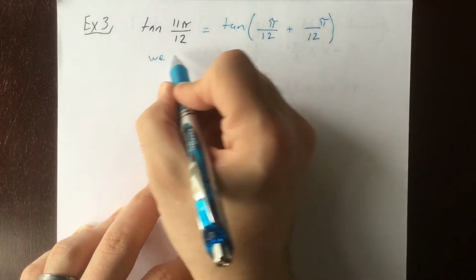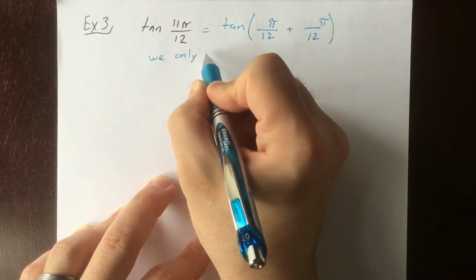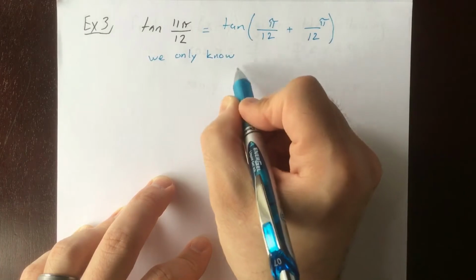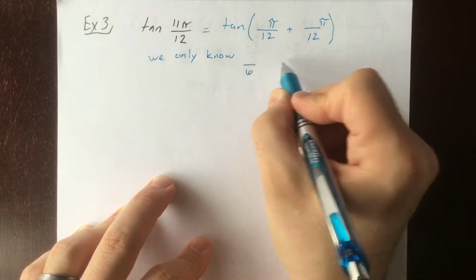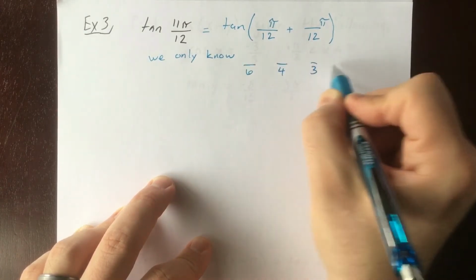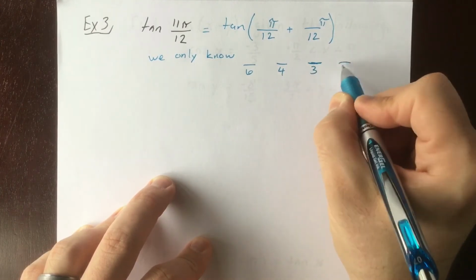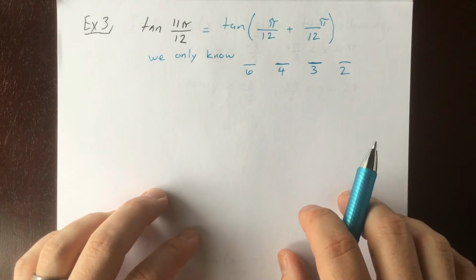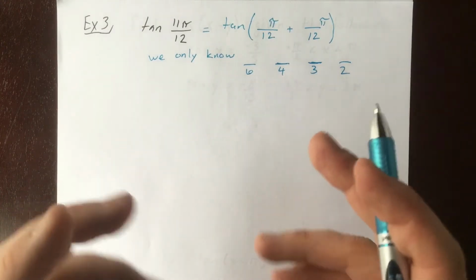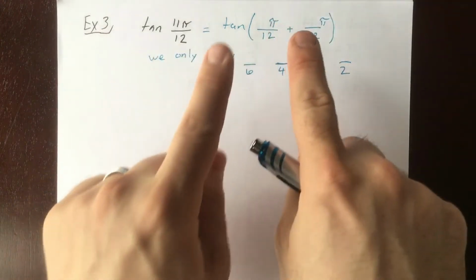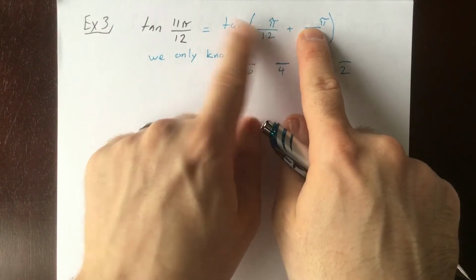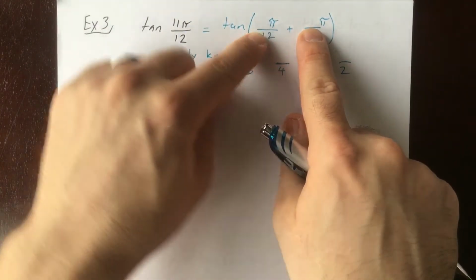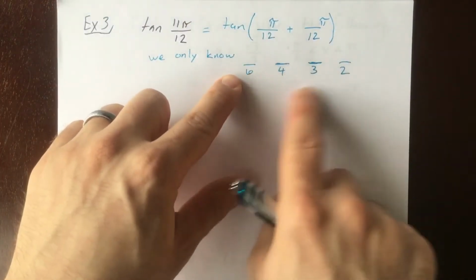We only know, or are familiar with, angles out of 6, out of 4, out of 3, and out of 2. Thinking of our unit circle again. What I'm looking for is numerators that add to 11 but will simplify to something I can deal with.